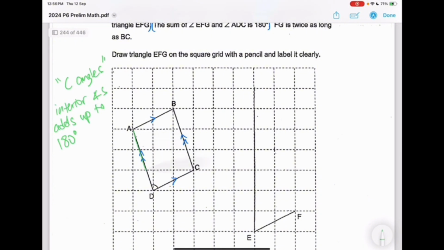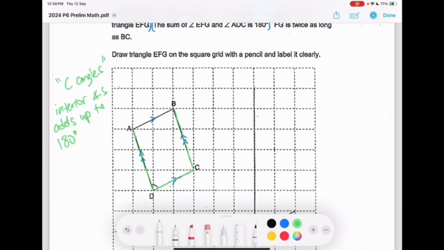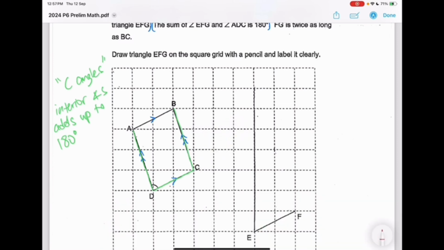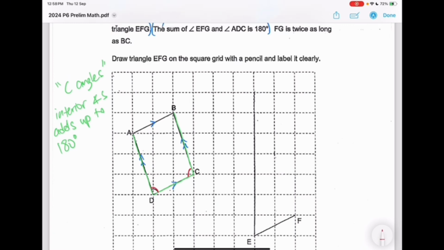Alright, it is right here. Knowing this, angle ADC, which is over here, when added to angle DCB, which is over here, should add up to 180 degrees.